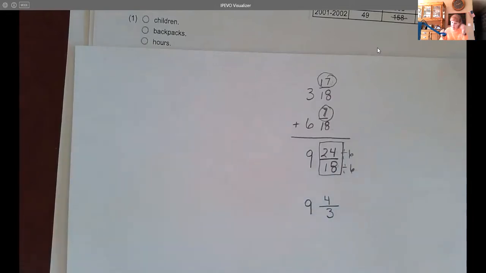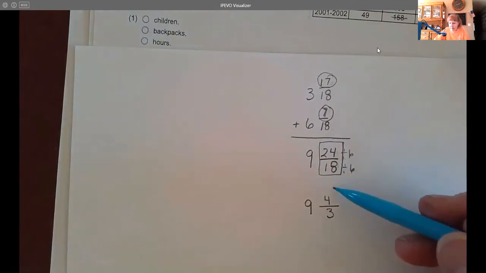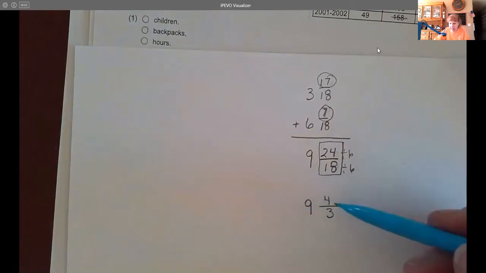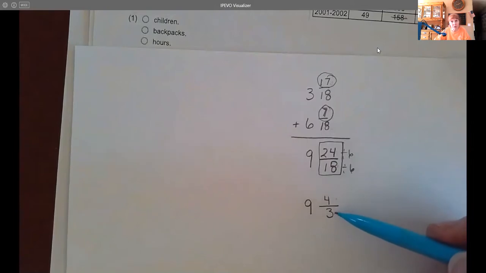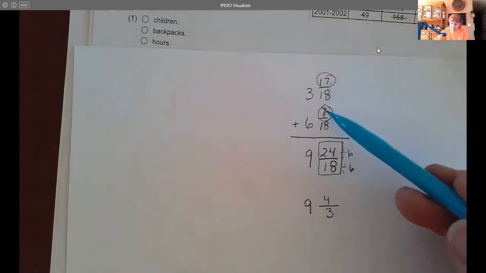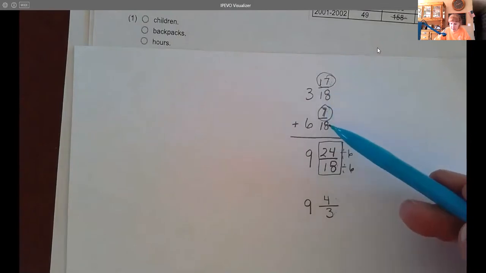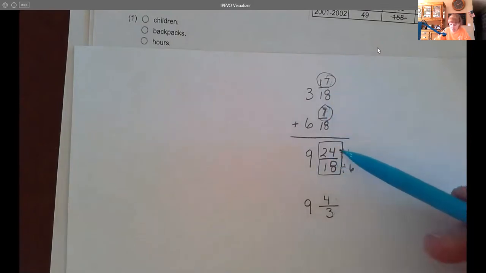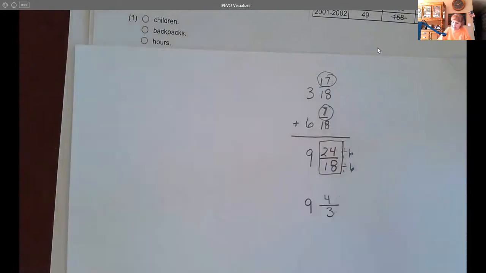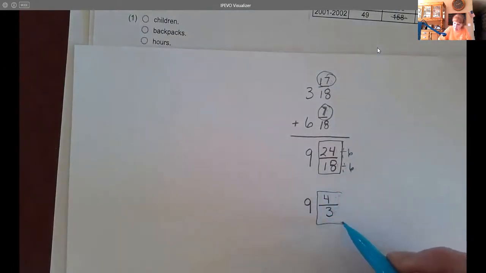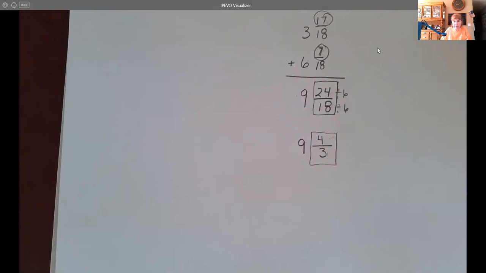The only problem is within this mixed numeral, I have an improper fraction, which you cannot have. So again, I added the numerators because they had a common denominator. I reduced, okay? But now this right here, I need to make into a mixed number.